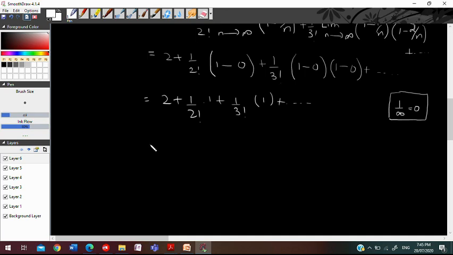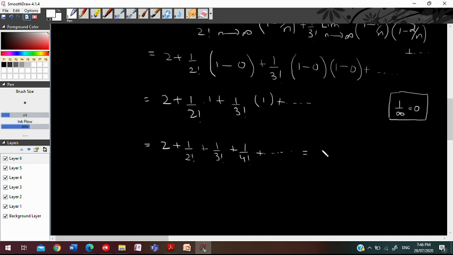Now 2 plus 1 by 2 factorial plus 1 by 3 factorial plus 1 by 4 factorial plus up to so on. If you apply the values of these fractions, 1 by 2 factorial means 1 by 2, and 1 by 3 factorial means 1 by 6, and 4 factorial gives you 24.